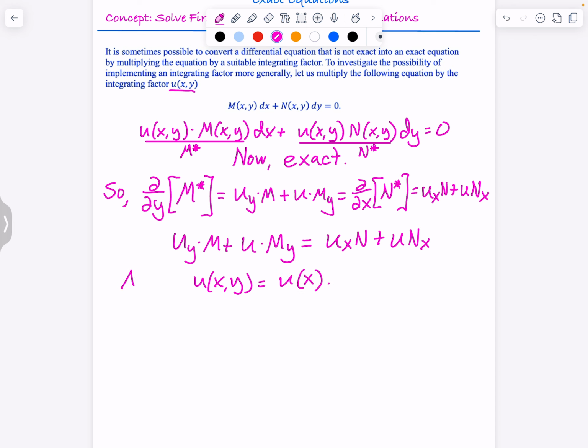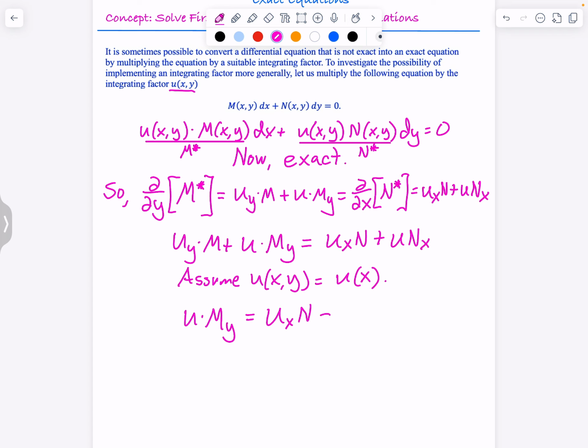We can assume the y one as well, and that's how we're going to get two equations from this. If that's the case, then anything with respect to y is just going to be 0, so u sub y is 0. So on the left side, I get u times M sub y equals, and then we still have this whole right side. There is no u derivative with respect to y.